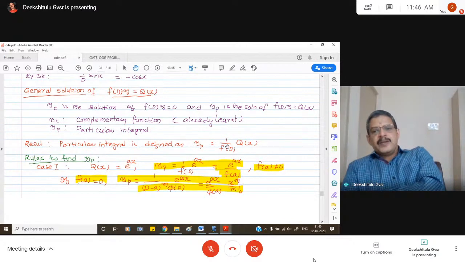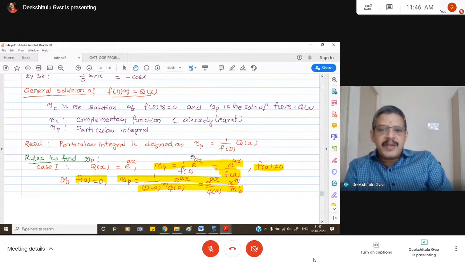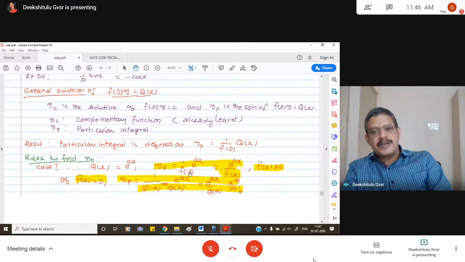So yp, which is 1 by f of D e power ax, is equal to e power ax by f of a, provided f of a is not equal to 0. You have to remember this formula. Simply, whatever a we have in 1 by f of D e power ax, substitute it in f. That is the trick. So it becomes e power ax by f of a.